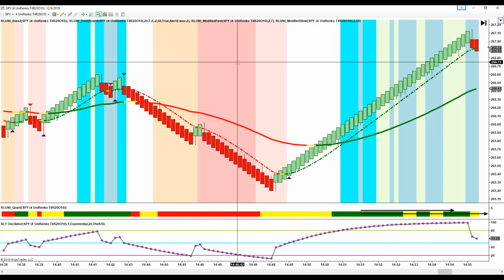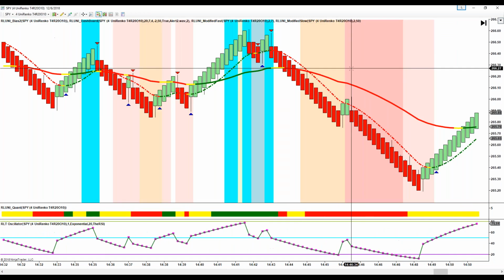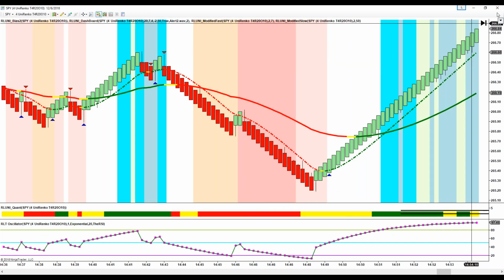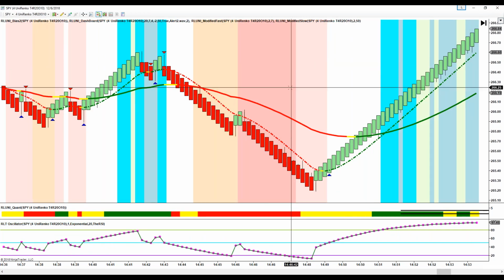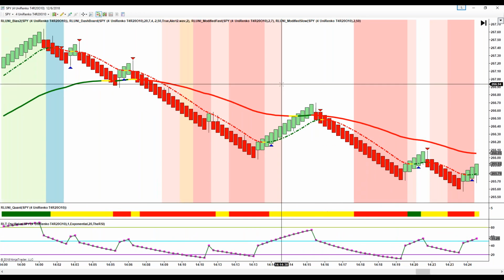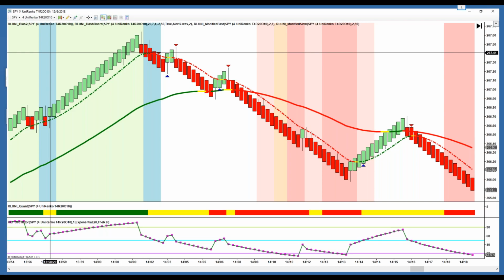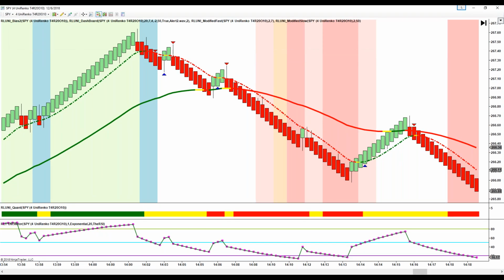So there was 5 or 6 or 7 winners, and there's absolutely no loser on the SPY. If there was, I would show it to you. There just isn't one. And the SPY is not so easy to trade.